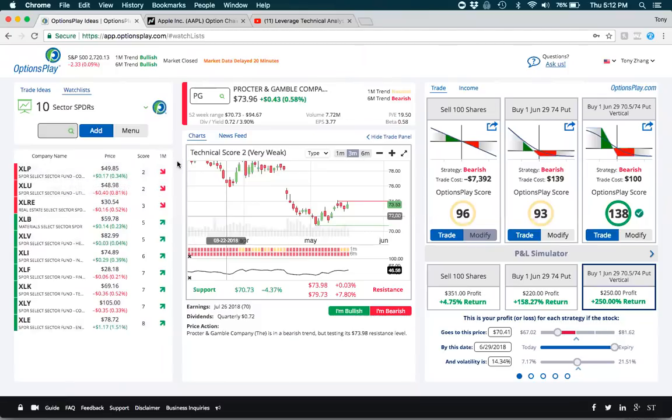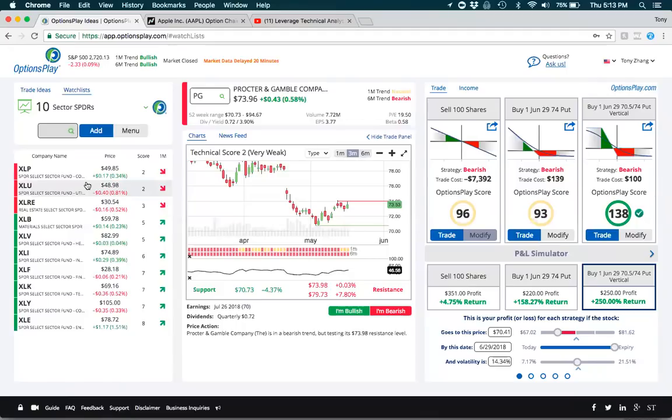So when you're looking at individual stocks, you should keep this in mind. If you're trading a consumer staple stock, you're more likely going to look for some bearish opportunities. If you're looking at energy stocks, you're more likely looking at bullish opportunities. This helps frame your mind. This is market analysis that helps provide confirmation. They're not signals themselves, but if you're looking at a particular stock and you're seeing that, hey, I'm looking at a bearish stock and it happens to be in the utility sector and it's a weak sector, great.